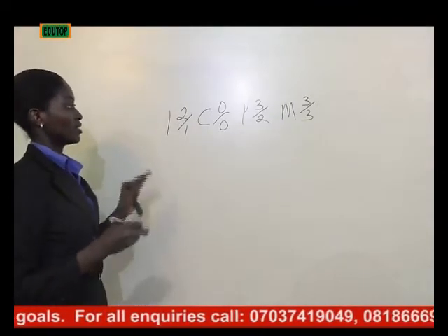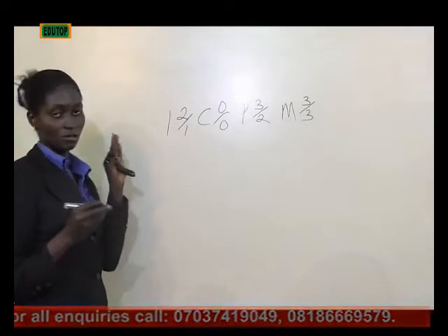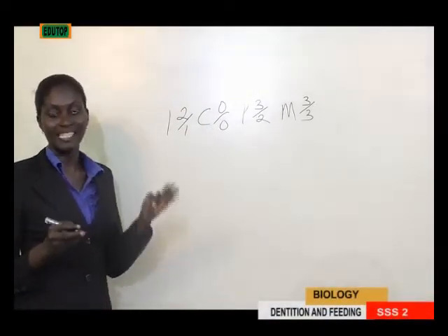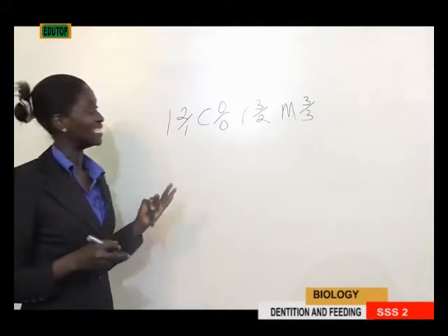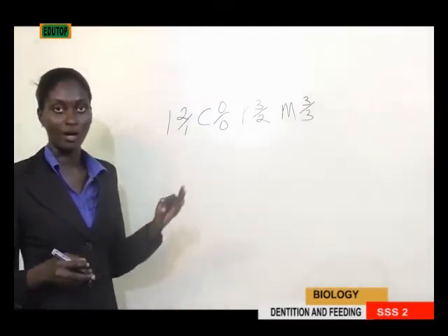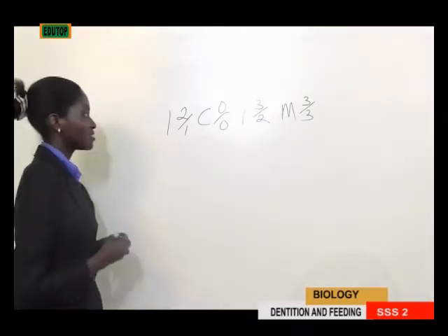But for you to easily remember, just put it at the back of your mind that in a rabbit, the number of teeth in incisor and premolar are the only ones that are not equal at the upper and the lower jaw. It is less than 1. Okay, let's look at it.